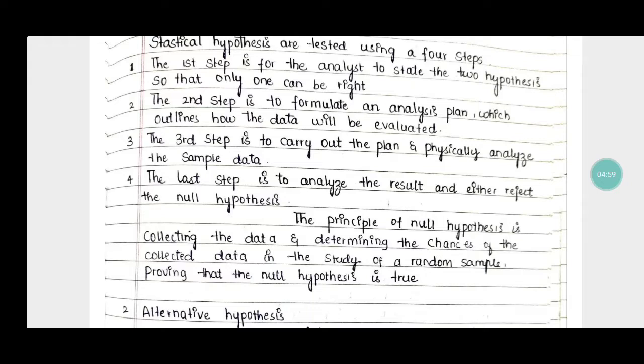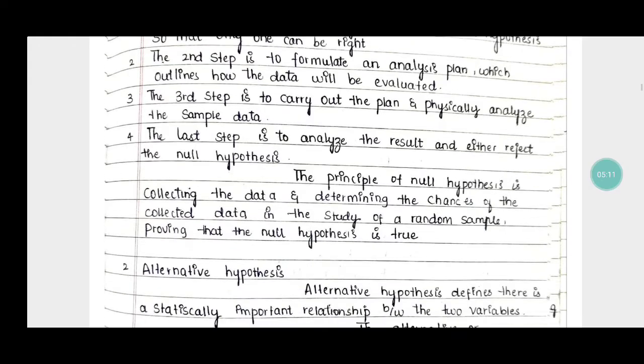The principle of the null hypothesis is collecting the data and determining the chances of the collected data in a study of a random sample, proving that the null hypothesis is true.